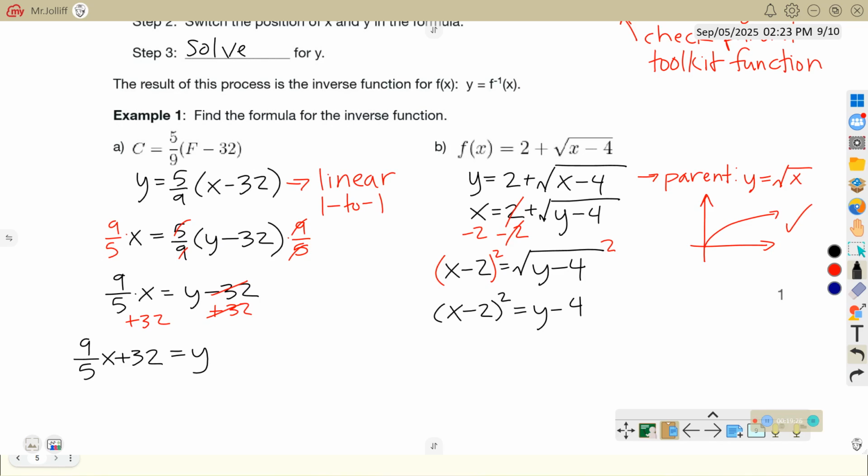Gerardo, what should we do next? Subtract the 4? Add the 4. There we go. That was the weirdest 4 I've ever done. Okay. So I get x minus 2 squared plus 4 equals y.